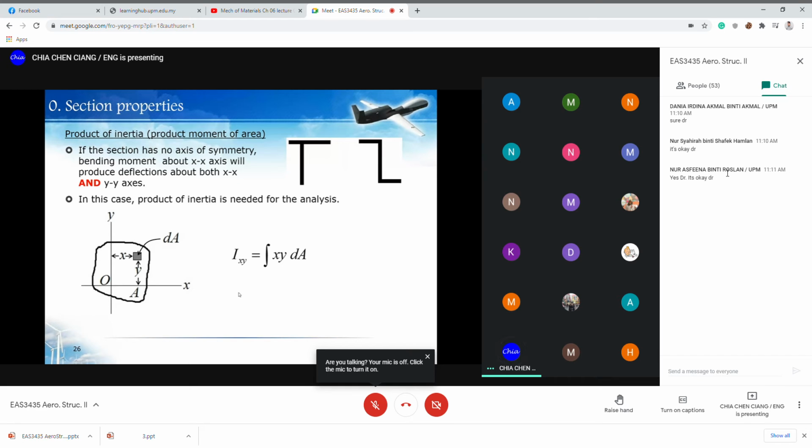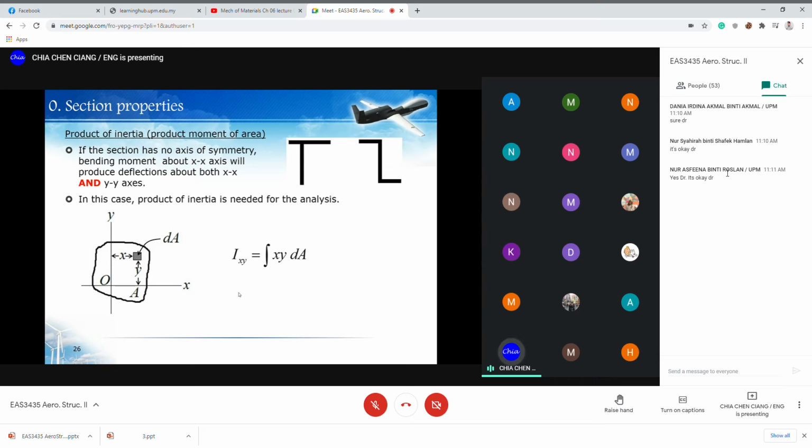Okay. Doctor, correct me if I'm wrong, it's also the same with a triangular cross section. Yes. So for any beam that has no coupling between the axes, IXY will be 0. For any type of beam, if you calculate that IXY is 0, that means whatever force you apply, the deflection will be in the direction of the force only.